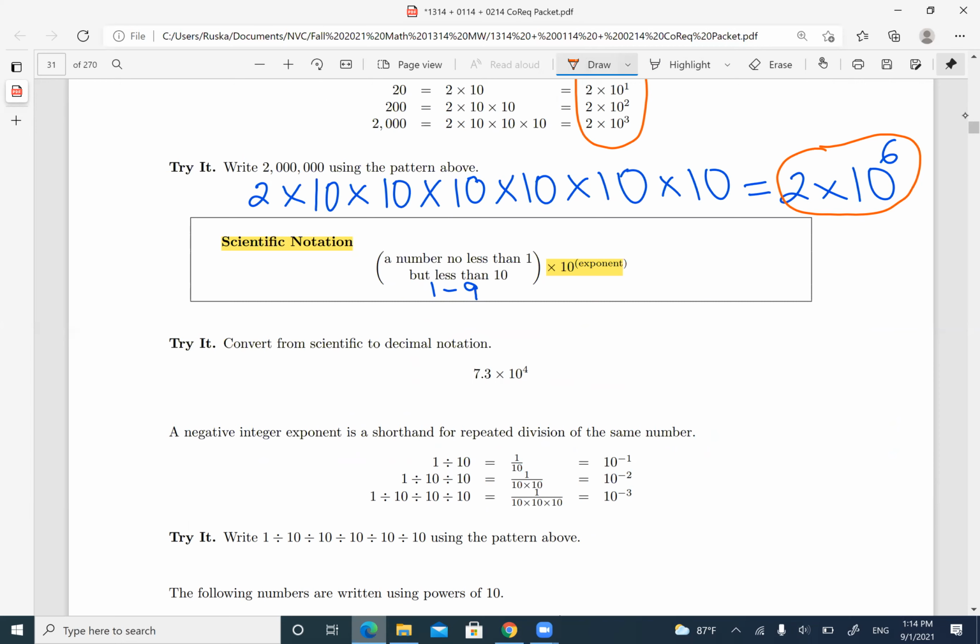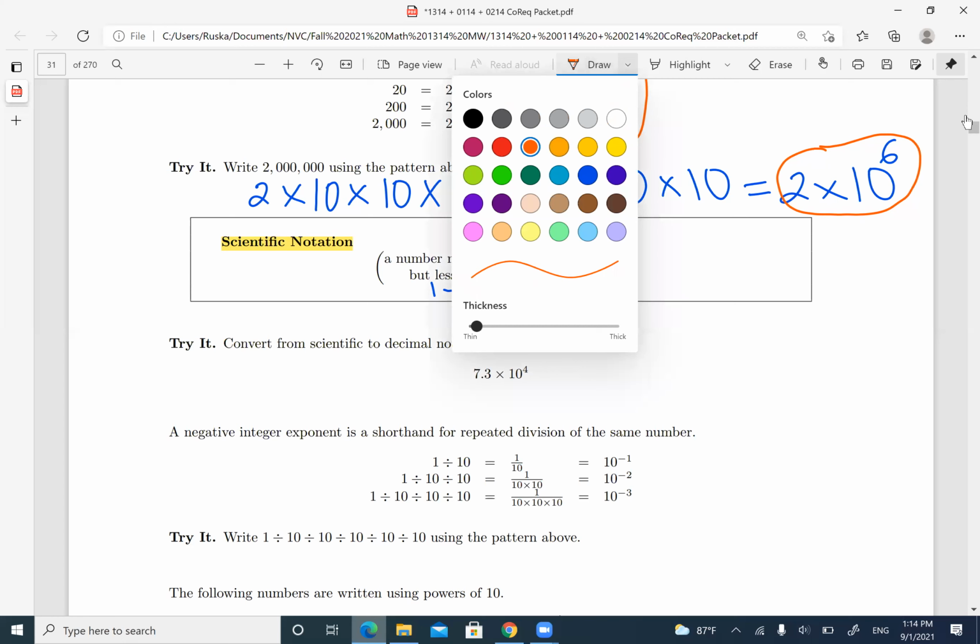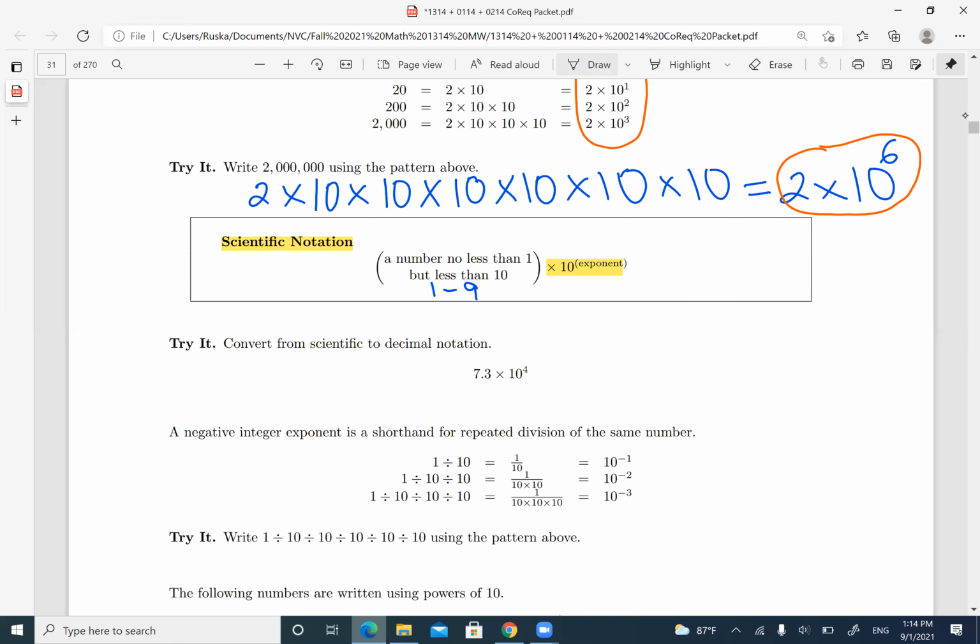Okay, so now let's look at this one. We have convert from scientific to decimal notation. So here we have this number 7.3 times 10 to the 4. When you have times 10 to a positive exponent, you're going to move the decimal to the right 4 places because the exponent is 4.